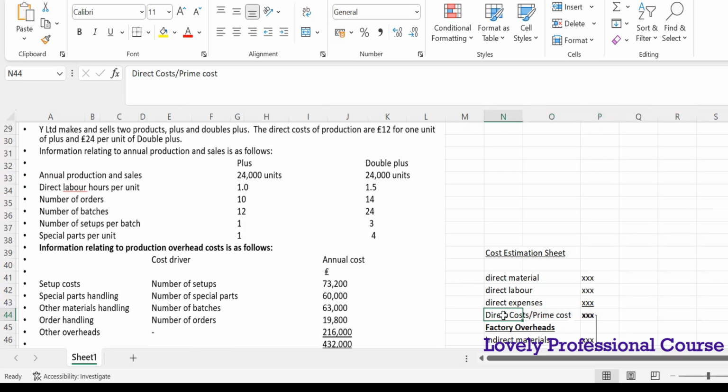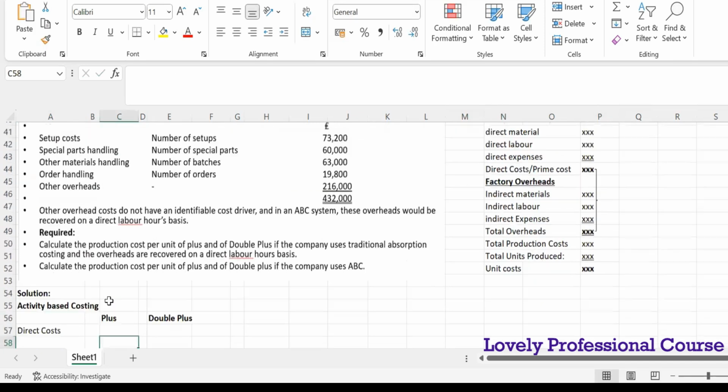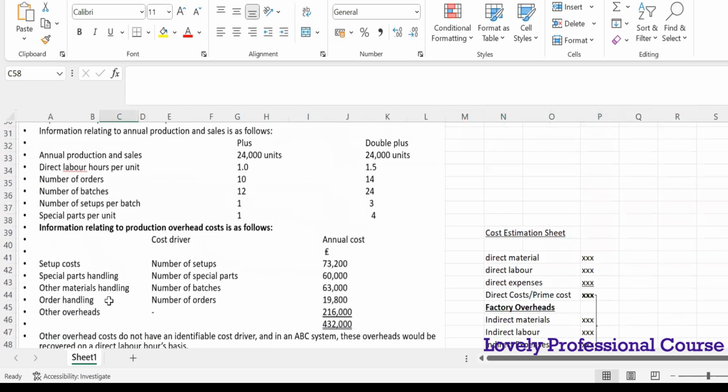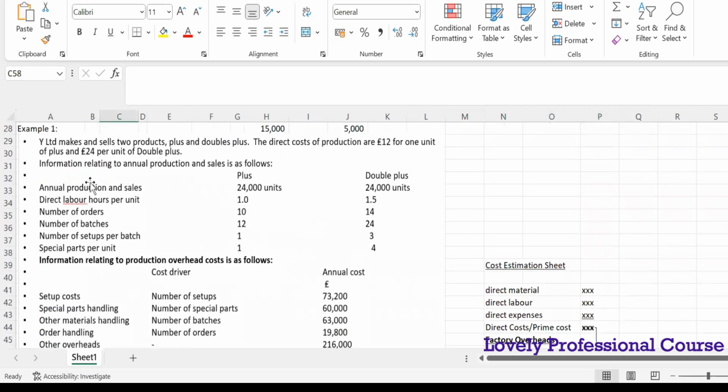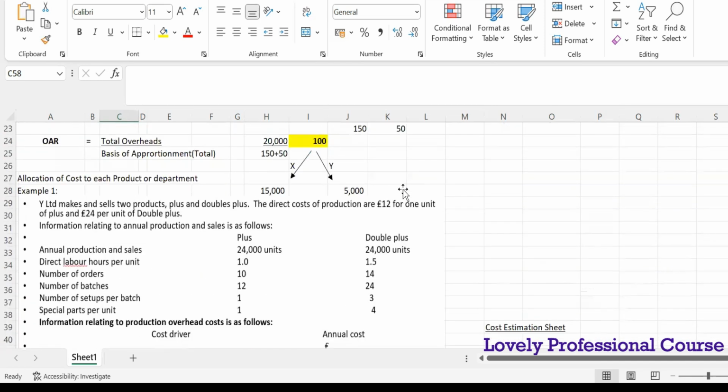So we start here, not from this. Okay, very clear. I can say my direct costs. I know that we are producing the annual production and sales, and when you look at this information, they produced 24,000 units of each product annually. So 12 is per one unit, and if I multiply, I get the totals.